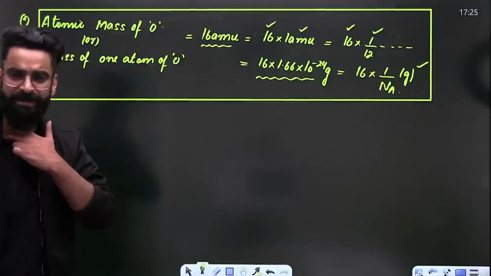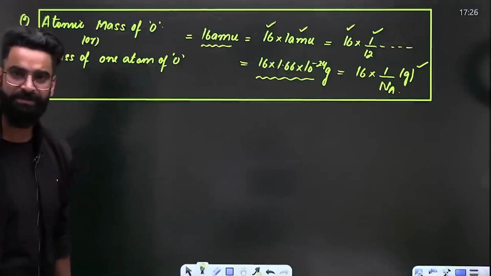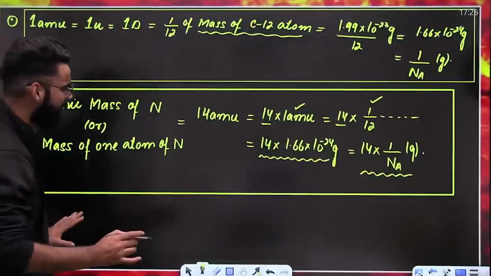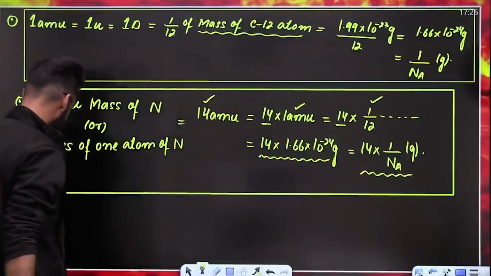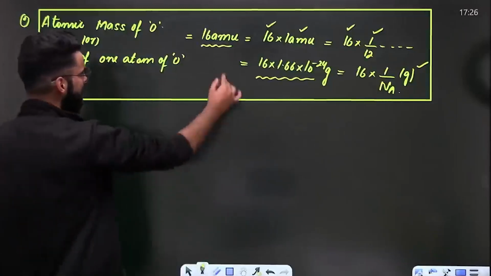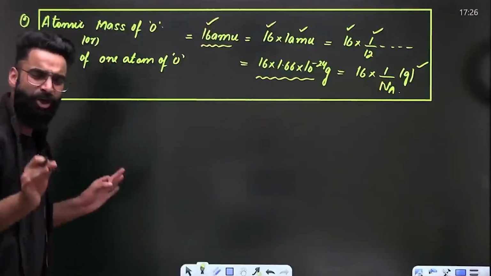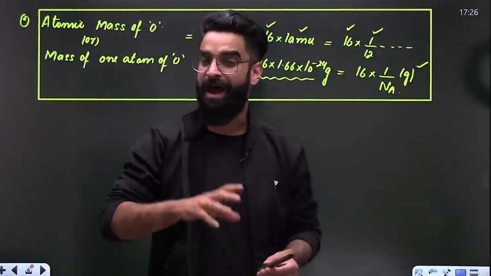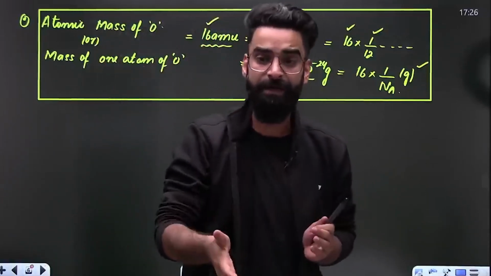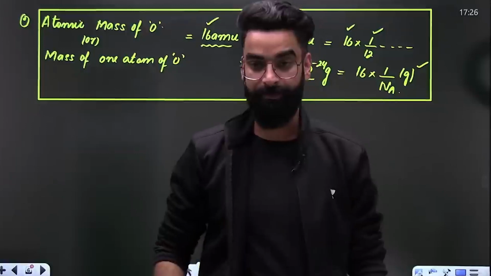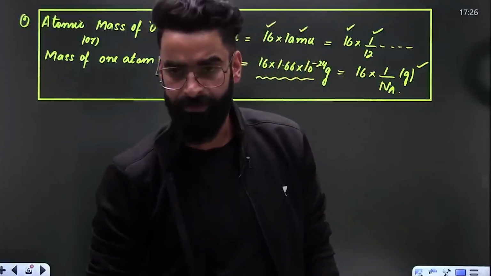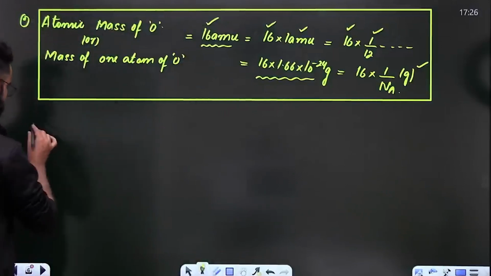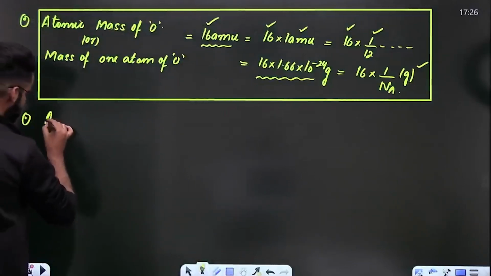So what is atomic mass? If you want to define the atomic mass, can I say atomic mass is just a number? 14 in case of nitrogen, 16 in case of oxygen. Atomic mass is just a number which tells us how many times an atom of an element is heavier than 1/12 of the mass of carbon-12 atom. I'm writing its definition now.